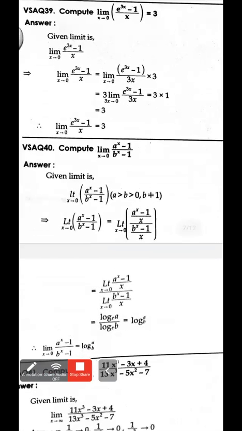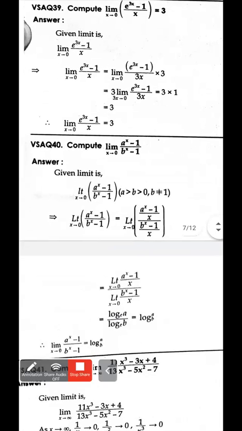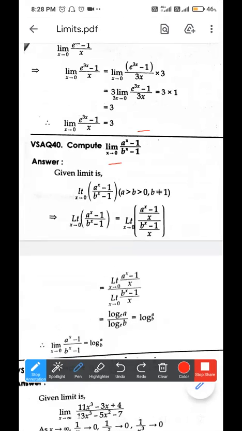Now compute limit x tends to 0, a power x minus 1 by b power x minus 1. Okay. Now what is the formula? a power x minus 1 by x is equal to log a, log e power x, right?